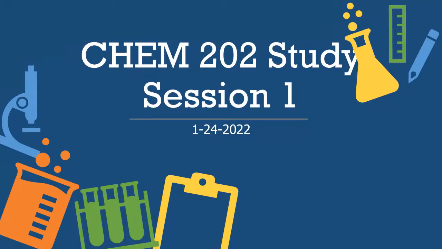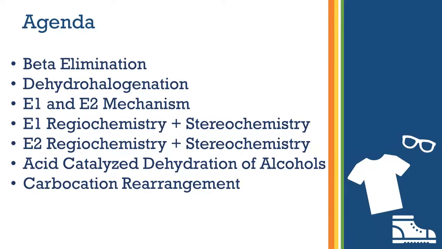Oops. I have a lot to go over today. I'm going to go through basically the entire first section that we did so far. So stay with me. Just unmute yourself or put it in the chat if you have a question as I'm going through all this. I'm going to go through beta elimination, which is what this whole section is about, just the basics of that.